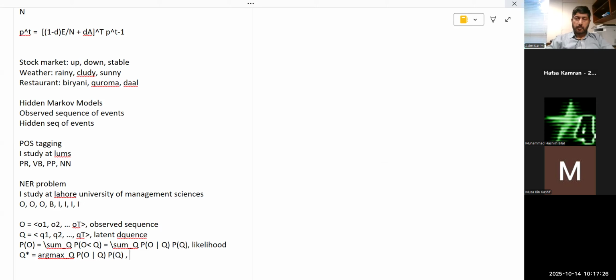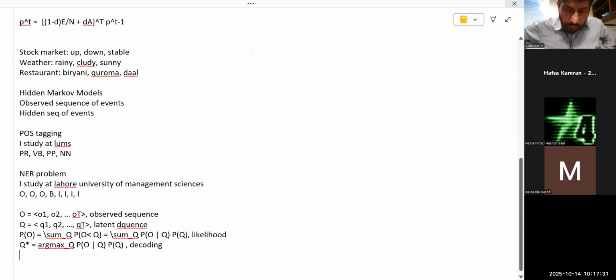So this is a decoding problem or sequence labeling problem. So these are the two problems that we focus on. Learning problem इन्हीं से आगे easily बन जाती है. So we'll discuss that very briefly at the end.